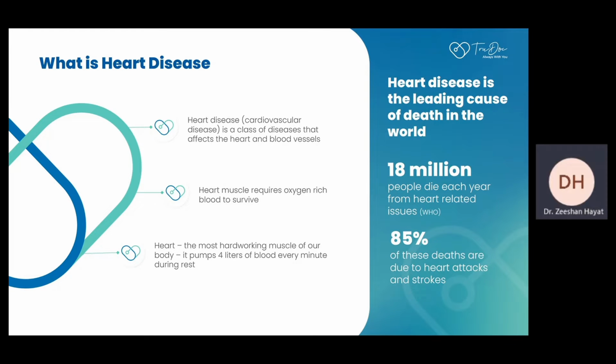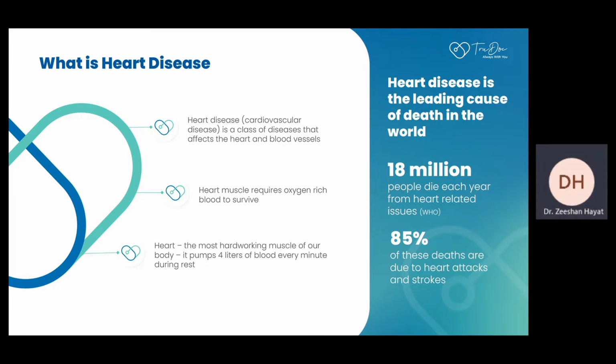When we say it's the hardest working muscle in the body, it pumps around 4 to 5 liters every minute. This is called cardiac output, calculated as stroke volume times heart rate.